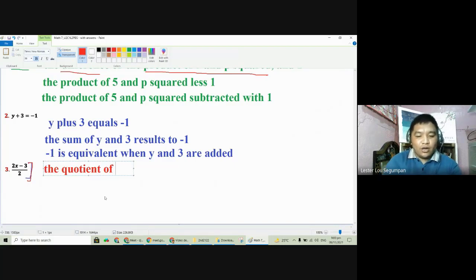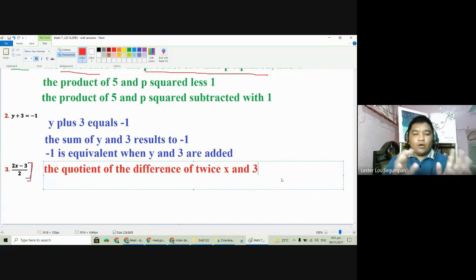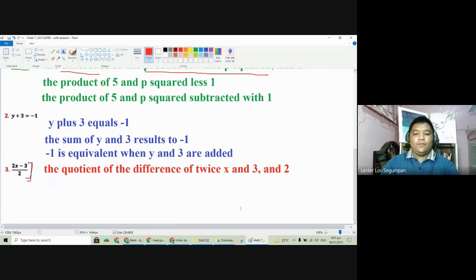The quotient of the difference of twice x and 3. We're talking about the quotient of the numerator, which is the difference of twice x and 3, comma, and 2. This is the quotient of the difference of twice x and 3 and 2.